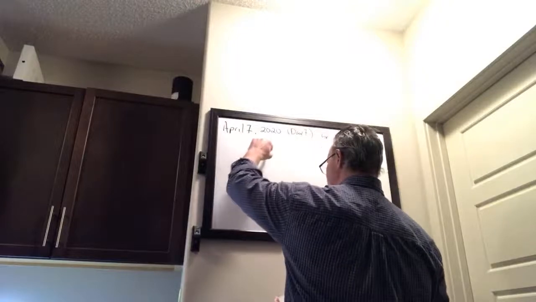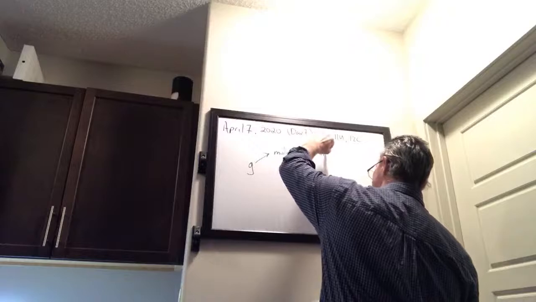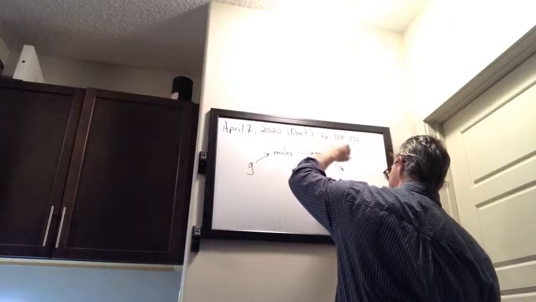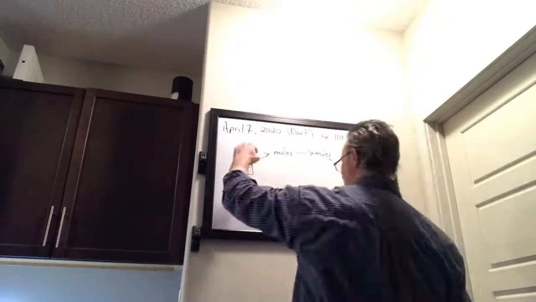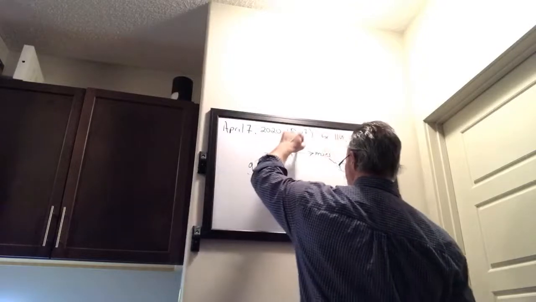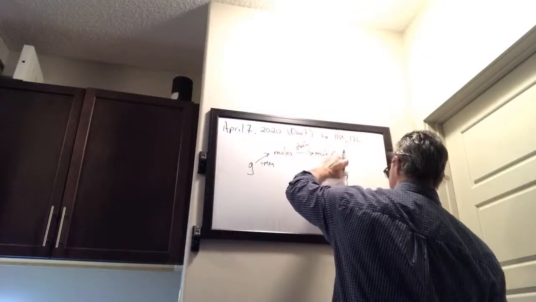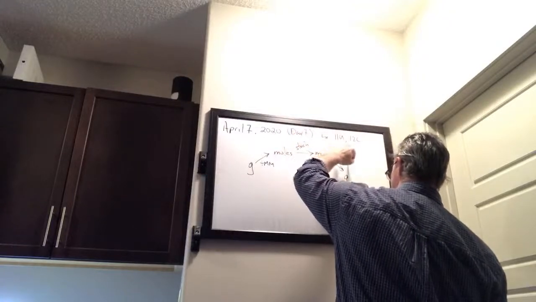You go from grams to moles, moles to moles of something else, and then moles of something else to grams of something else. In the first transition you divide by molar mass. Here you use the stoichiometry. Here you multiply by molar mass to get back to grams.